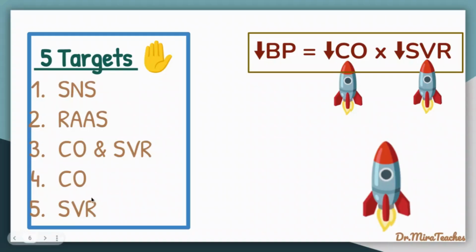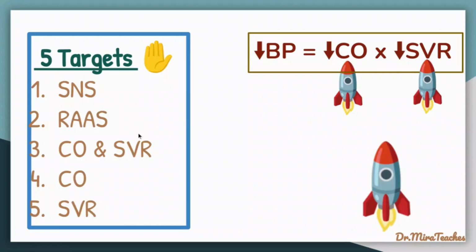You can either reduce the systemic vascular resistance, decrease cardiac output, or decrease both. Or you target the systems, the renin-angiotensin aldosterone system and sympathetic nervous system. These two will decrease both cardiac output and systemic vascular resistance.